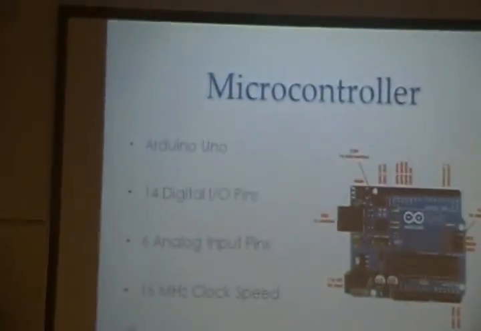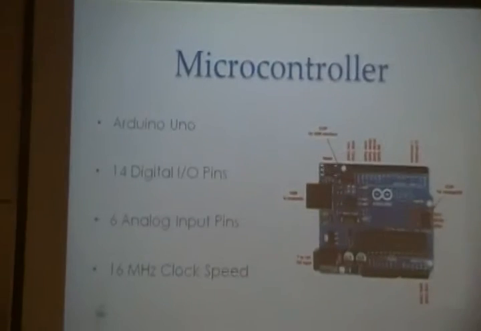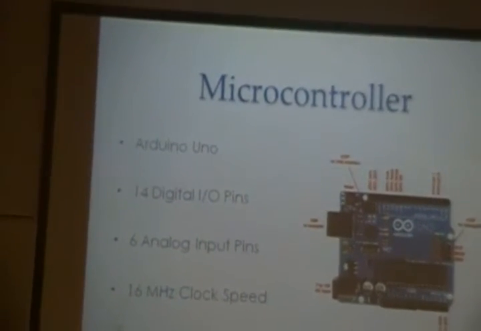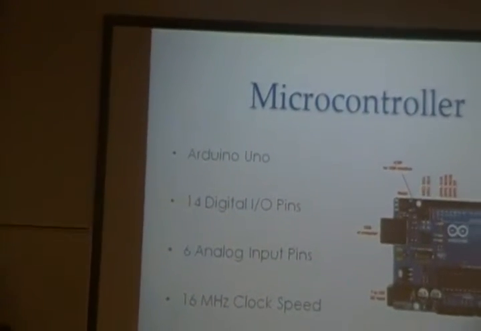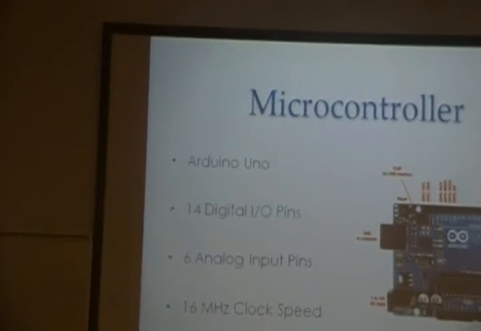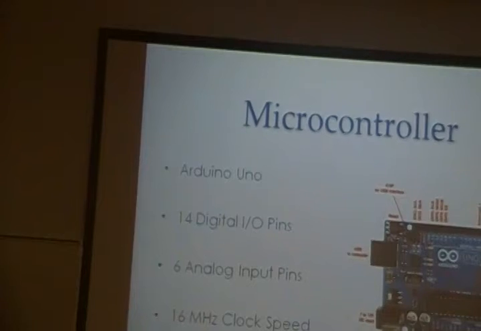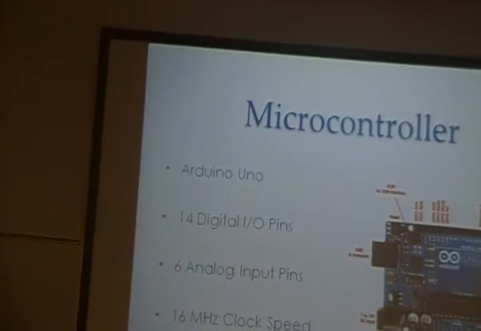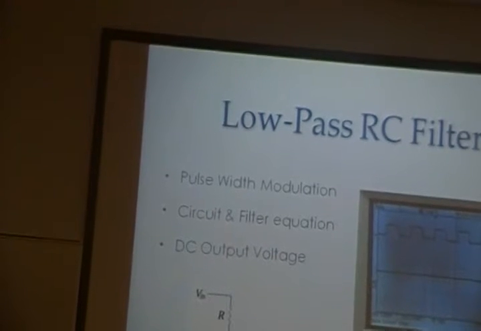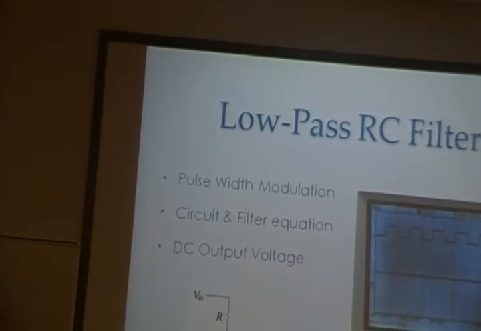So, in our local control system, the first component we're going to talk about is the microcontroller. It shows the Arduino, which has 14 digital input-output pins, 6 analog input pins, and operates at a clock speed of 16 megahertz. The next component is the low-pass filter.